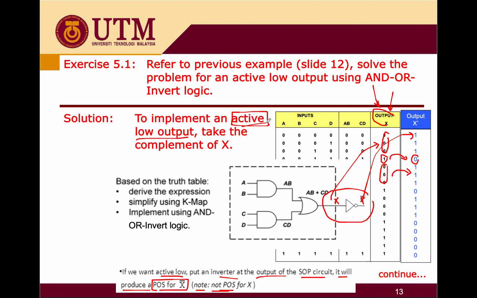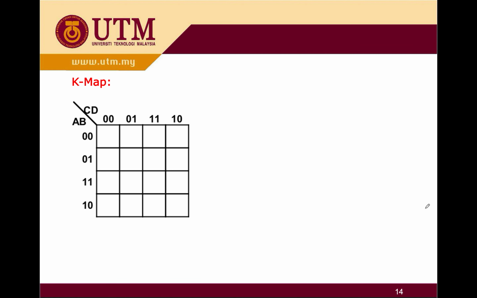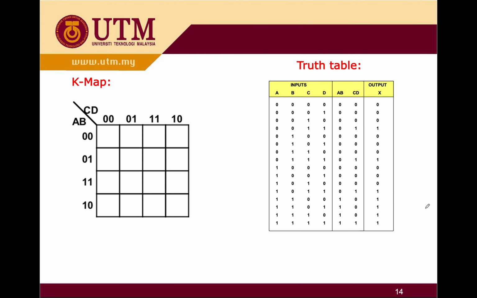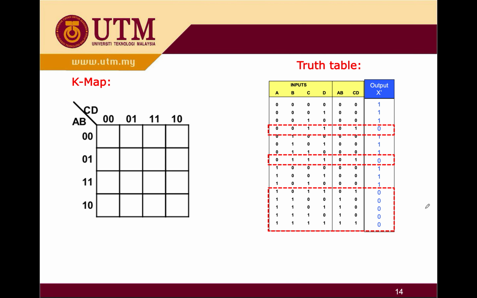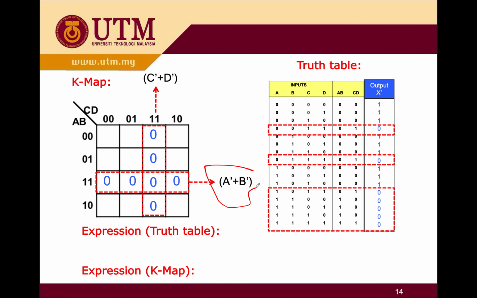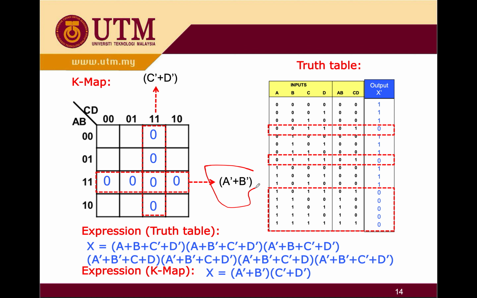But in terms of active low, it is the X bar of your output, and you pick the active low. From here, you are going to draw your truth table and also K-map. You will convert it to your K-map, and you will get the POS term expression. That is why you will get the simplified output from your K-maps.